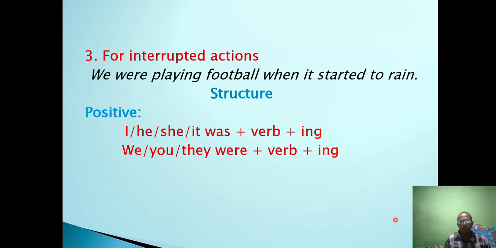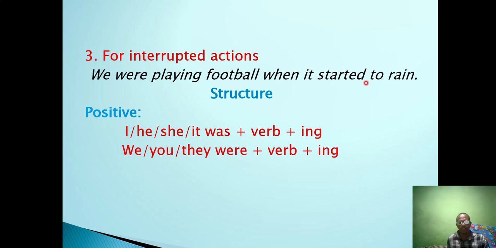And the other condition that makes us use past continuous tense is for interrupted actions. Here is an example: We were playing football when it started to rain. As we can see in this example, the process of playing football was interrupted because of the rain.